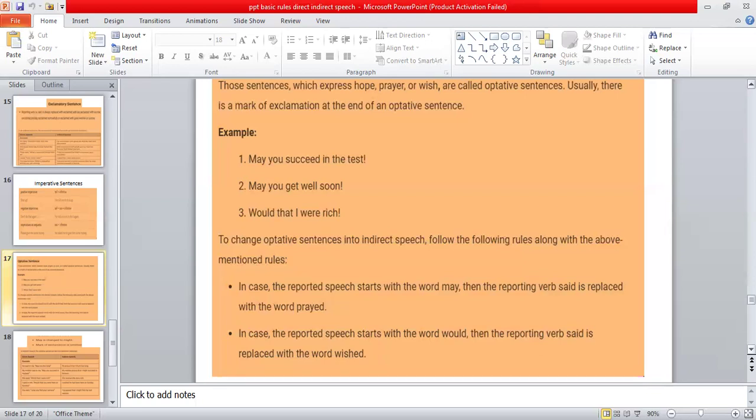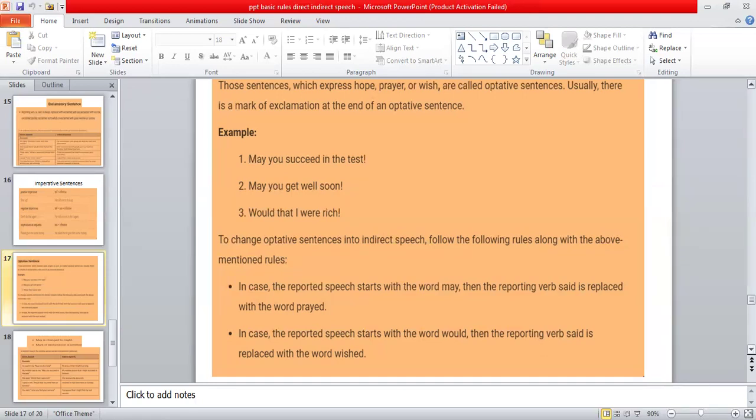In case the reported speech starts with the word may, then the reporting verb said is replaced with the word prayed. It is a very, very important rule where so many students make mistakes. Whenever you see that may is present over there, then you will have to change the reporting verb said into prayed.